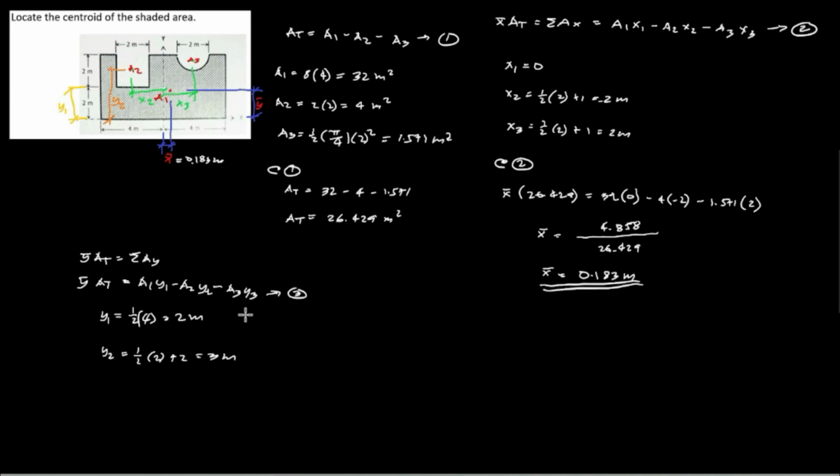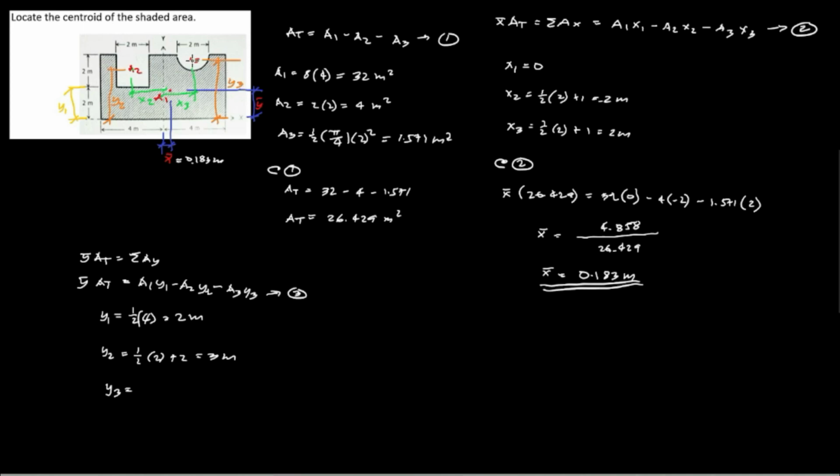And last, we will find the distance y sub 3, which is at the centroid of the half circle. From this point up to the x-axis, and this is y3.